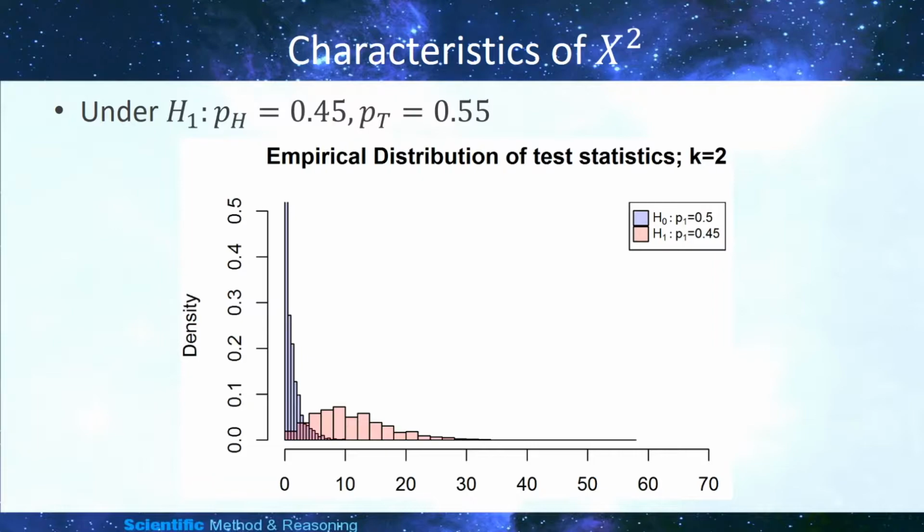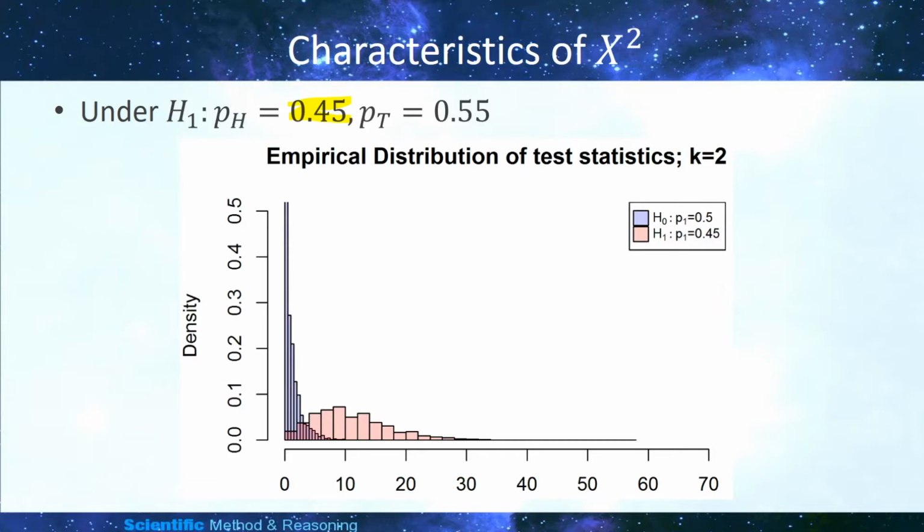In the second set of simulation, we generate the data under the alternative hypothesis with the probability of getting a head equal to 0.45 instead of 0.5. The distribution is plotted as the pink histogram in parallel to the null distribution, which is the purple one.